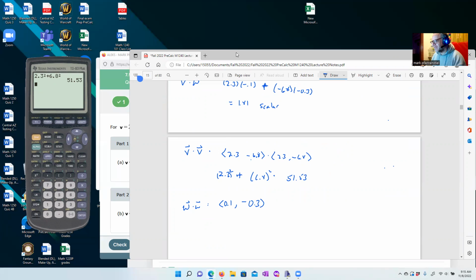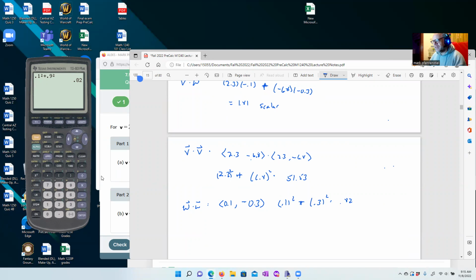When I dot them together, it's going to be 0.1 squared plus, and again, negative times negative, we're going to have a plus, 0.3 squared. We're just going to type that into our calculators. And that's how you do W dot W. So 0.1 squared, that's going to be 0.01, and then plus 0.3 squared, enter, is 0.82. That sounds good.